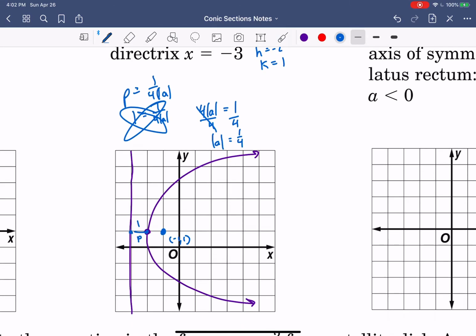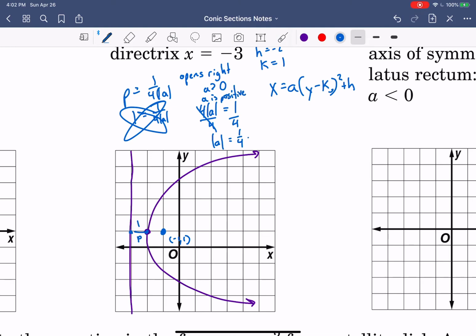Here, because the directrix was on the left and the vertex was a little bit to the right of it, that means it opens up to the right, which means we have the form x is equal to a times y minus k squared plus h. And because it opens up to the right, we know a is bigger than 0, which means a is positive.